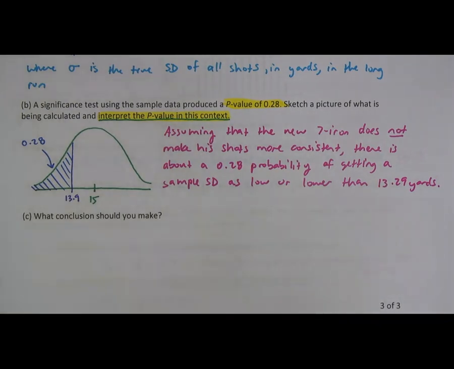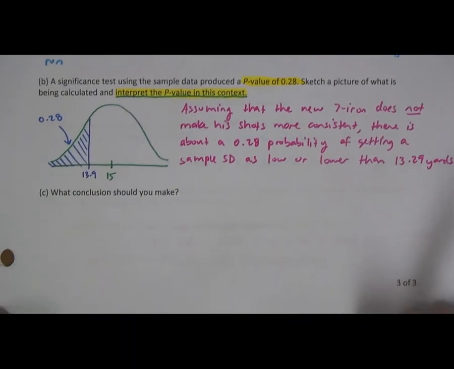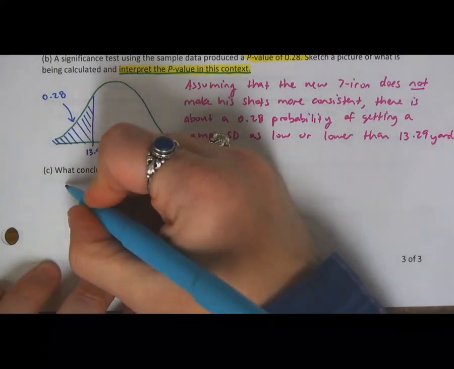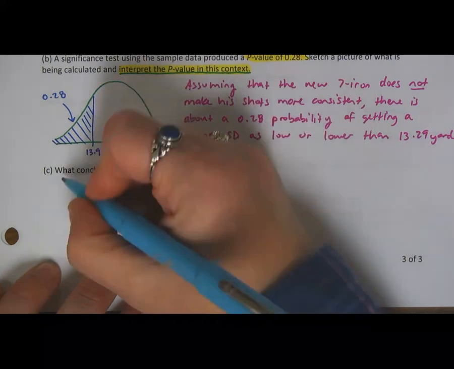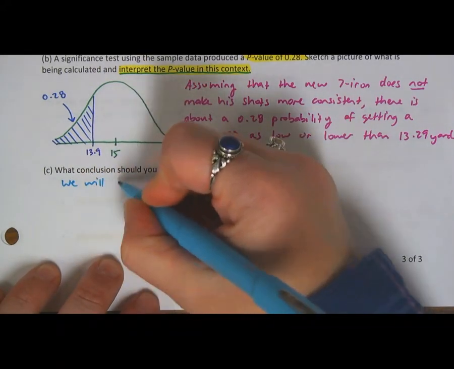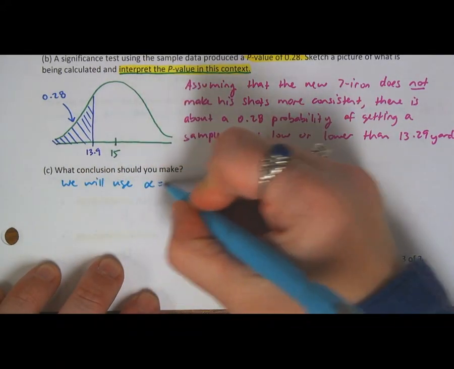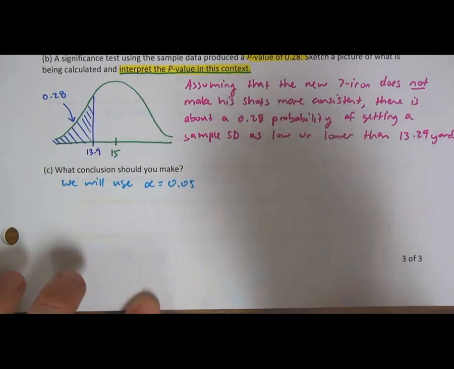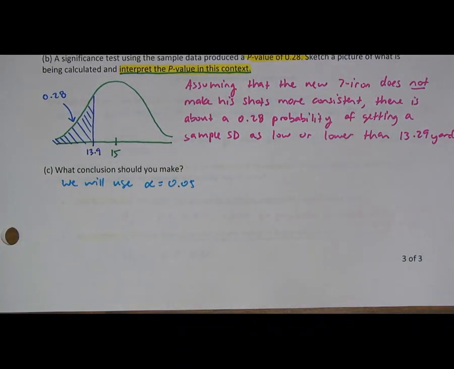And then the putting it all together part is, they didn't tell us what significance level to use. So let's put, we will use a significance level of, essentially that's your 5% threshold for statistically significant, alpha equals 0.05.